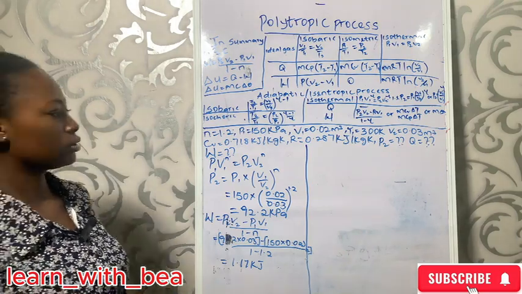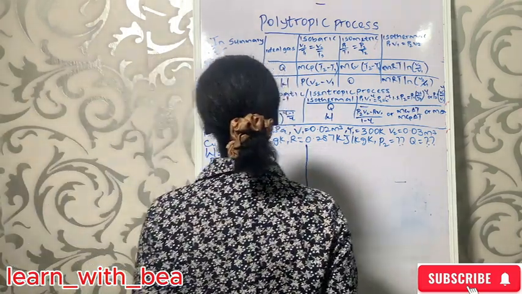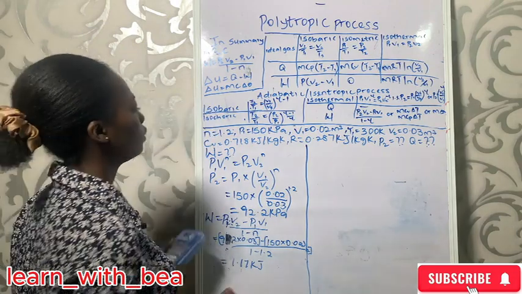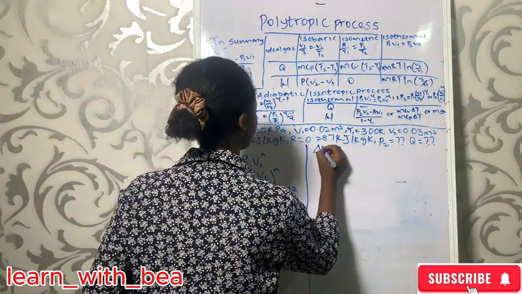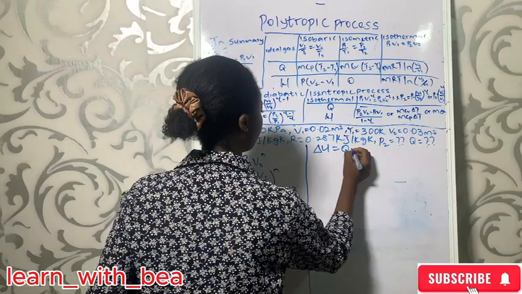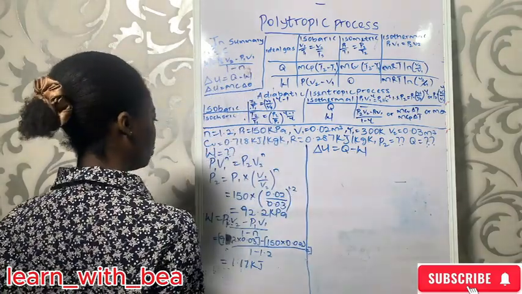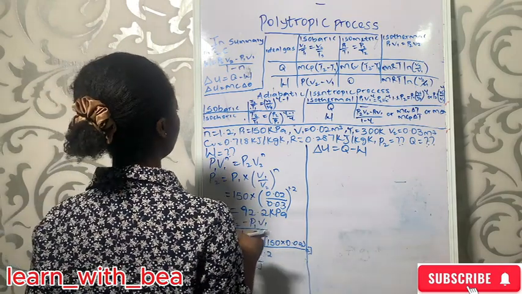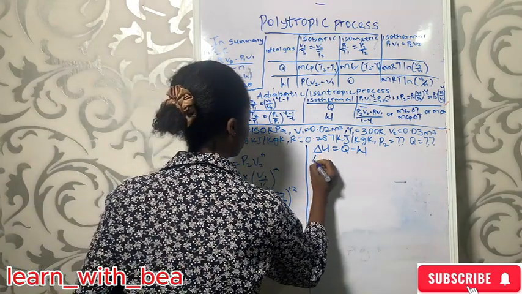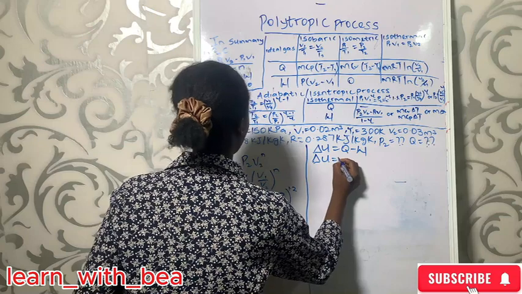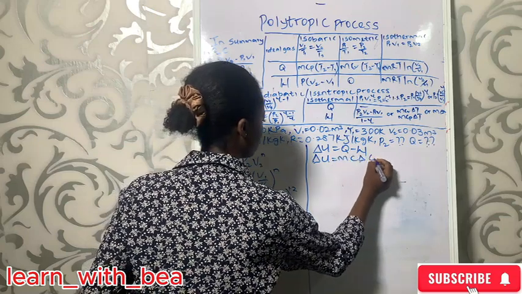So they asked us to calculate Q. How can we calculate Q? The only way is delta U equals Q minus W. We already have W, but we don't have delta U, but we can calculate it. Delta U equals m c times change in temperature.